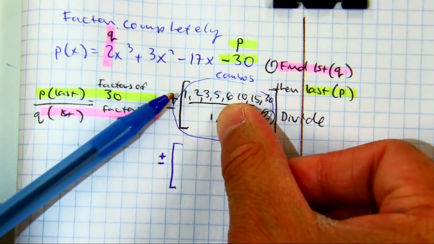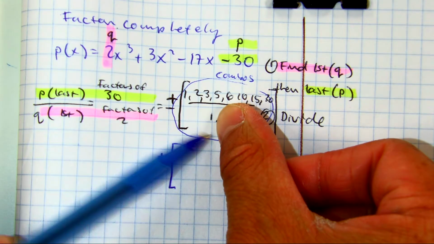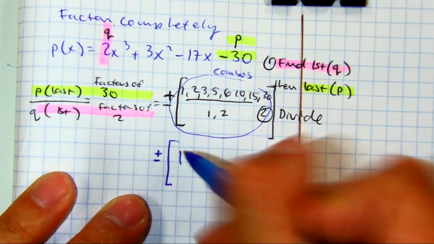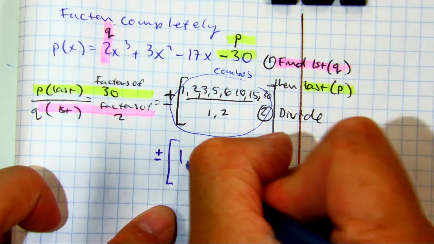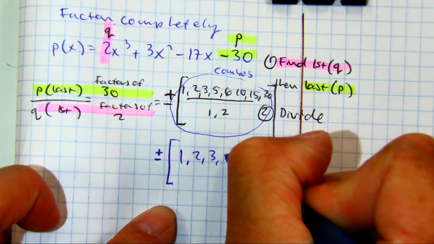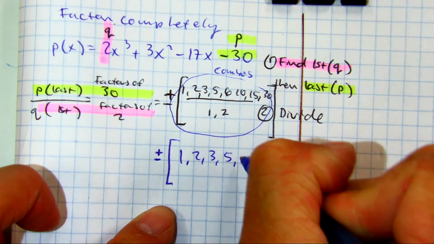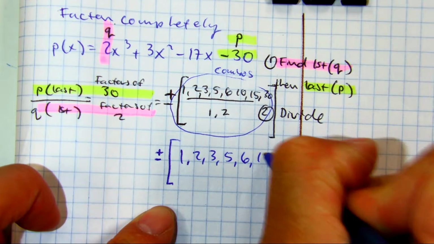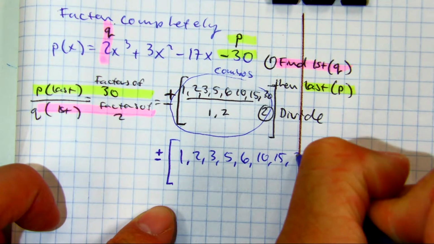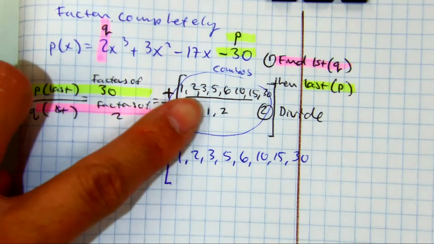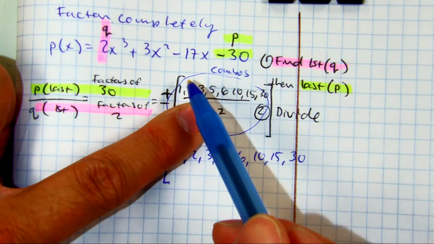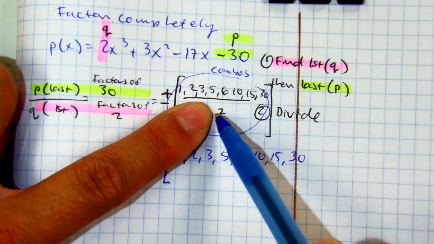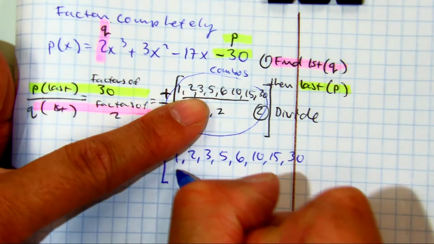So 1 divided by 1 is what number, class? 1. Keep going. You just read me all those numbers. 2, 3, 5, 6, 10, 15, 30. Okay. Now we're going to do that with the 2, putting my finger over the 1. Now you're going to do this one. 1 divided by 2. Are you following? Okay, what's the next one?